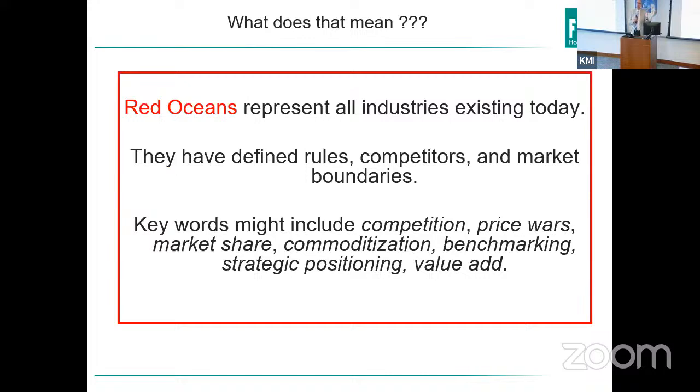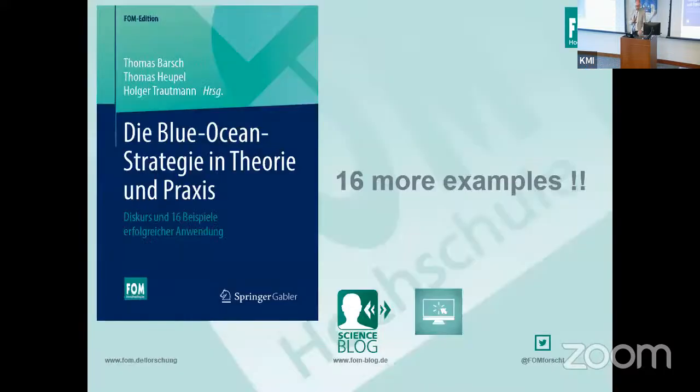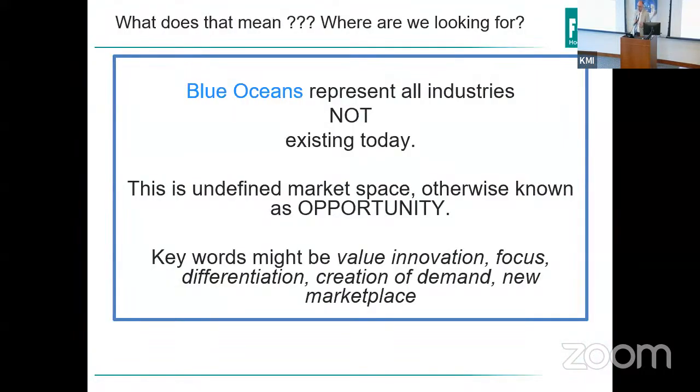That is where we have competition, where we have all the old enterprises, the existing old industry. And beneath these red oceans, we have the blue oceans. It's fruitful to gain a blue ocean. That is very good, because if you gain customers that you didn't have before, that is very powerful, because then there is no competition.